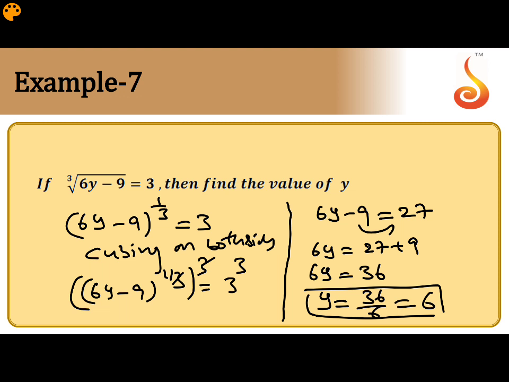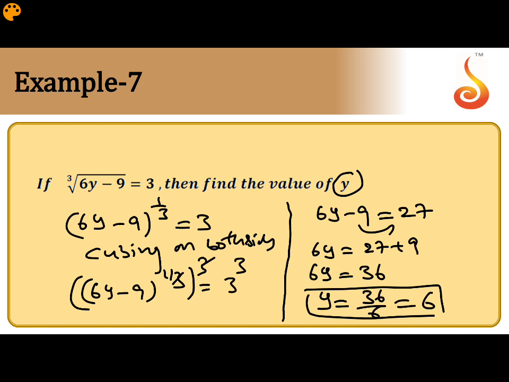On the left side cube root is there. Just write it as raised to power 1 by 3 equal to 3. So our job is to find the value of y. That means you have to free the cube root on the left side. For that, take cubing on both sides. When you take cubing on both sides, the cube root will get cancelled. Once the cube root is cancelled, the power becomes 1.